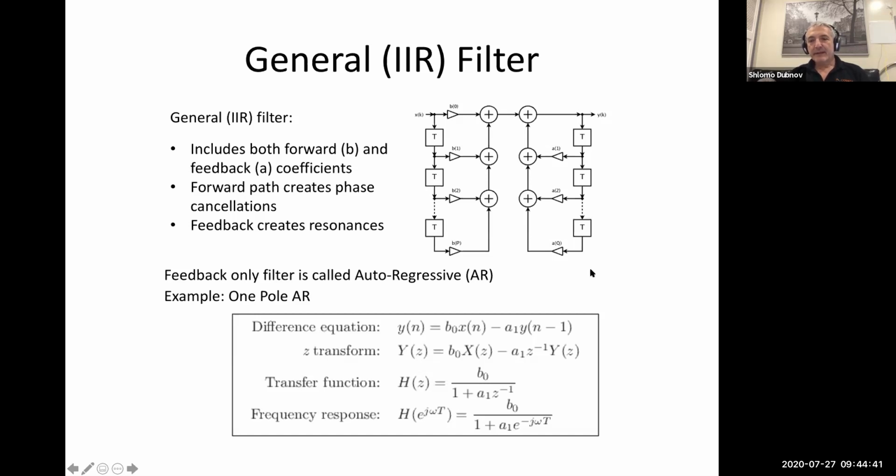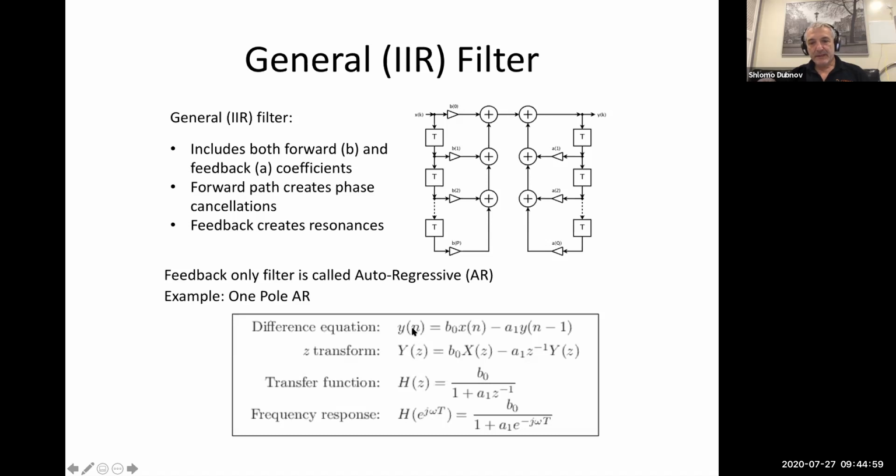So you have the delays here, and you have these other amplification coefficients, the A's, multipliers. So it's really symmetric, but when you chain them together, you get both the forward part and the backward part.